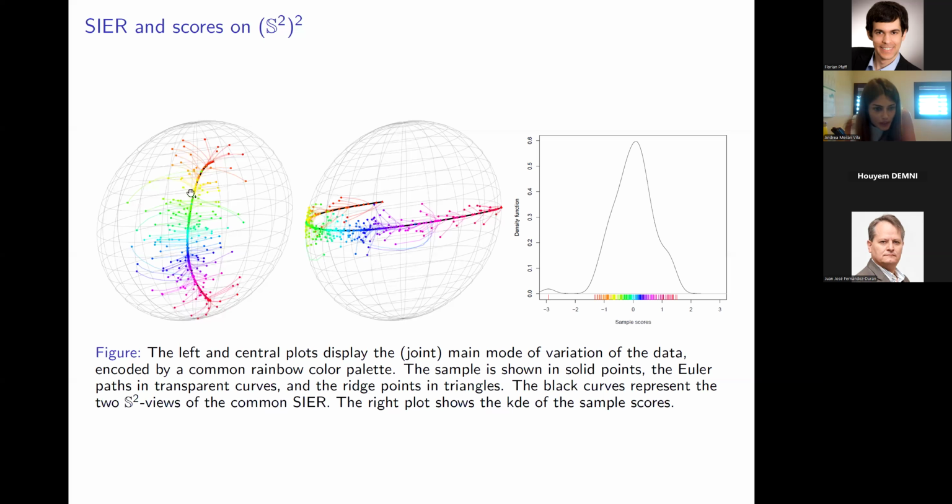The ridge points, I'm not completely sure if you can see this, are indicated with triangles. The black curve represents the common center. The right panel shows the scores of the sample points on the SIRE, showing that the color gradient encoding the one-dimensional mode of variation of the data is recovered.